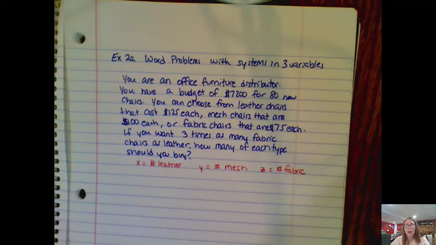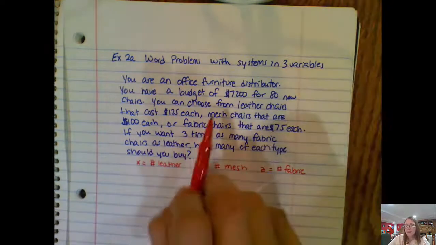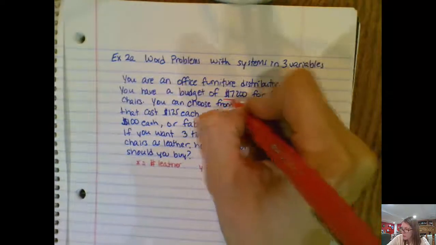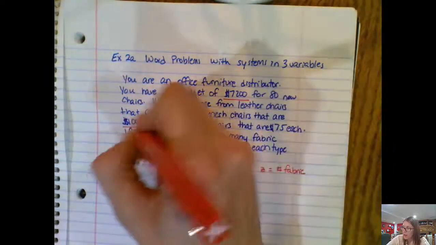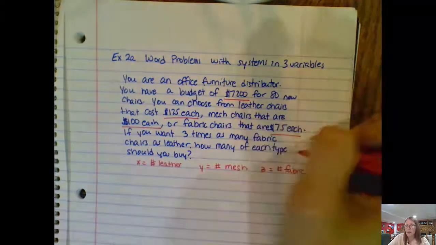And then you can sort through your information and try to group like information together. Just looking right away, I have all of these dollar amounts. I have $7,200 and $125 each, $100 each, $75 each.